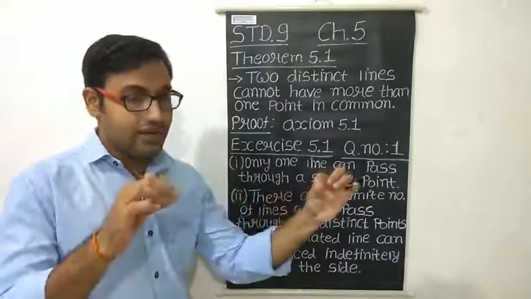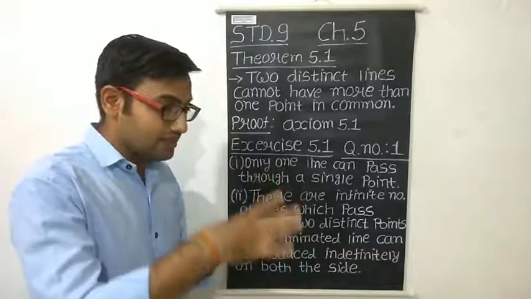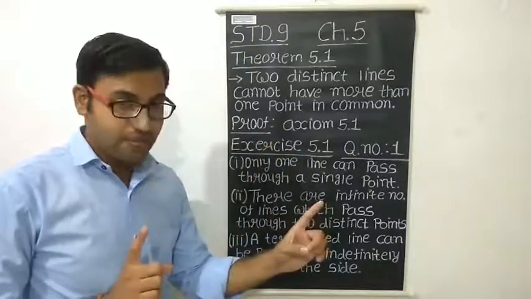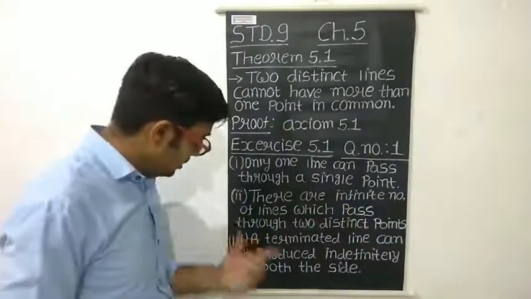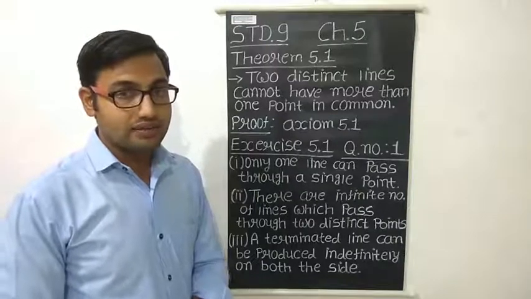A terminated line means a line segment which we can measure, either 5 centimeter, 7 centimeter, 8 centimeter, 100 centimeter. But we can produce it indefinitely on both sides. So this statement is true. Okay, understand?